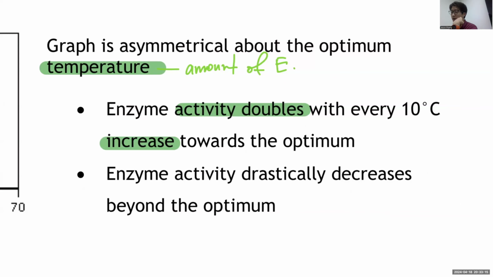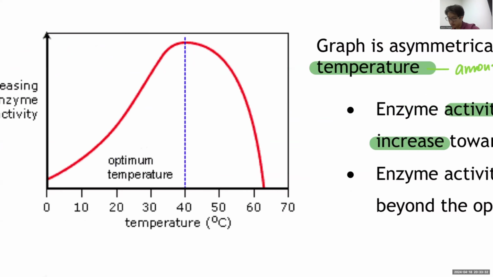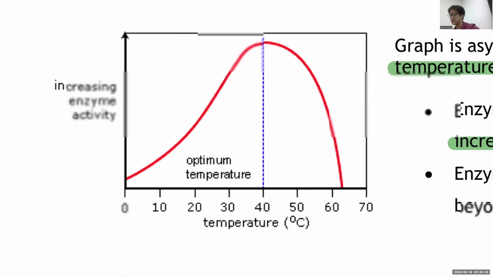This is a very unique characteristic that I need you to remember. Every 10 degrees Celsius increase, rate of reaction doubles. But only to a certain point. What is that point called? You have the optimum temperature over here.